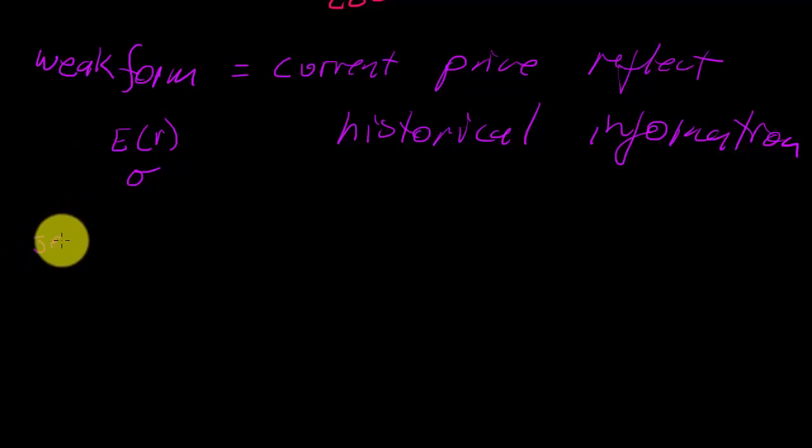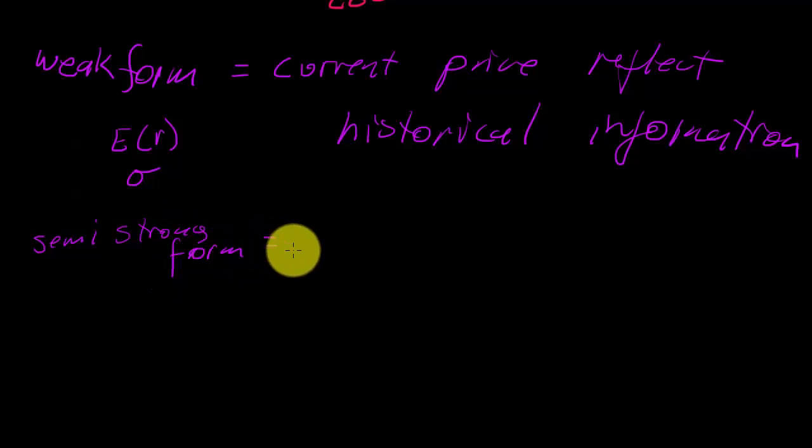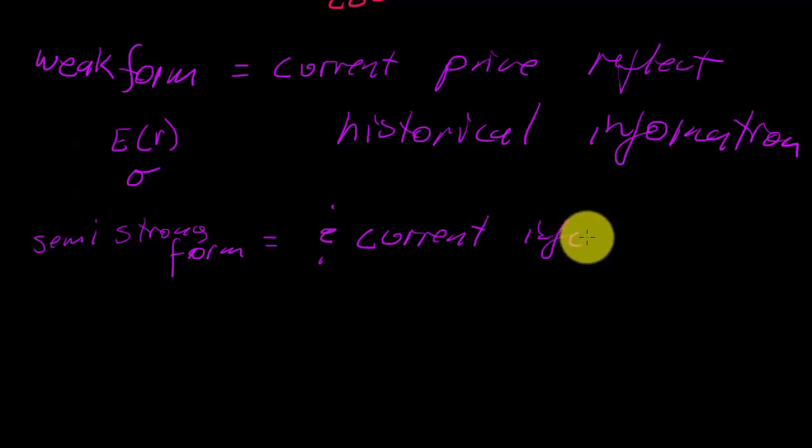Next, we have what we call the semi-strong form. The semi-strong form says current prices reflect historical information and current information. What is current information? This is stuff like news.